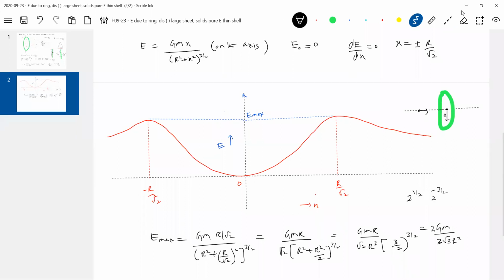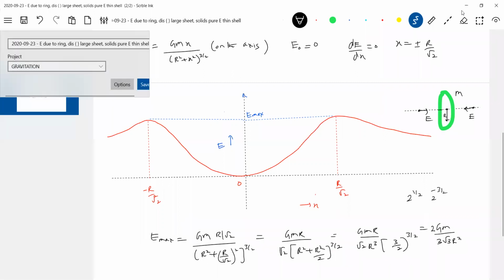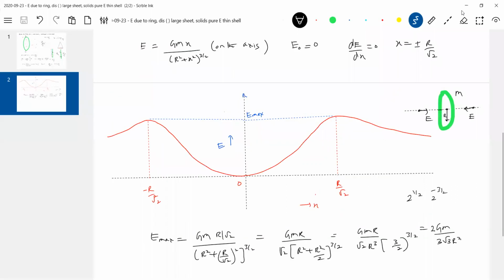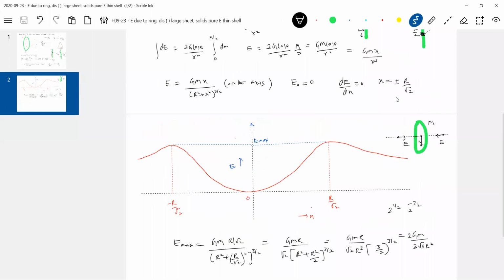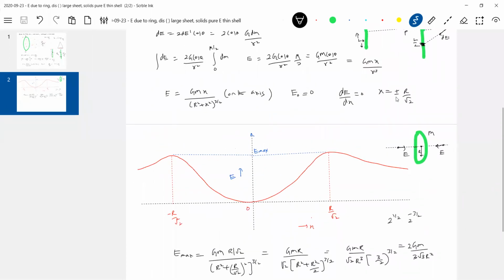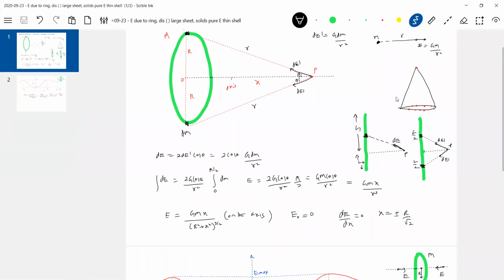The field on this side will be in this direction. Like this, for all these different shapes, one must have a basic idea. That's all, nothing big is there. We have proceeded with the two element, and that symmetry is very important. Please do understand, many numericals are related to this idea.